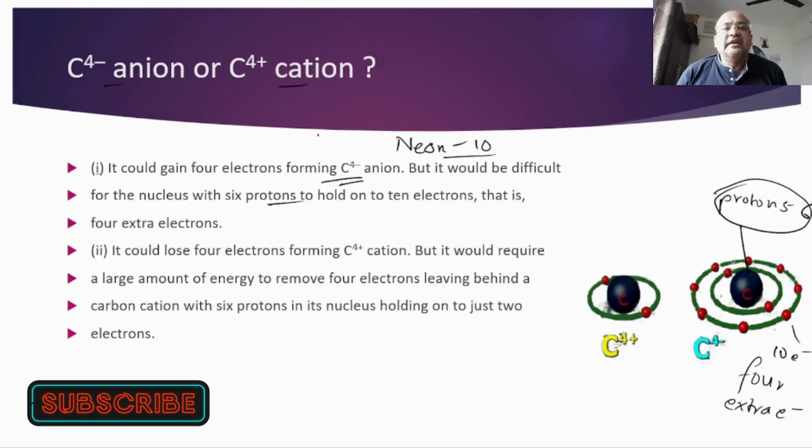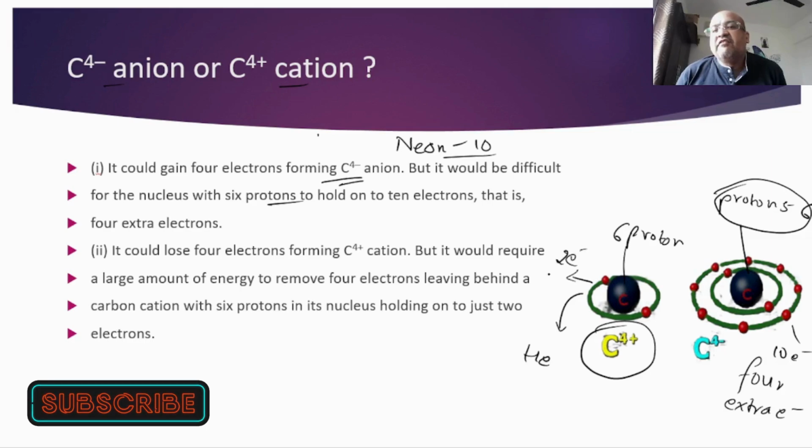Now let's see the second case. It could lose 4 electrons and become like helium, to form a cation, C4+. But it would require a large amount of energy to remove these 4 electrons, leaving behind a carbon cation with 6 protons in its nucleus and holding just 2 electrons.